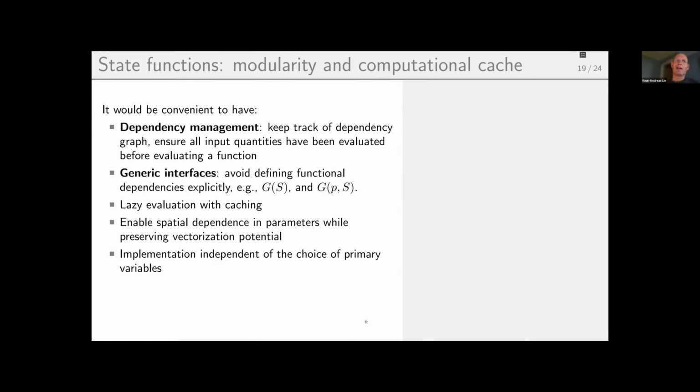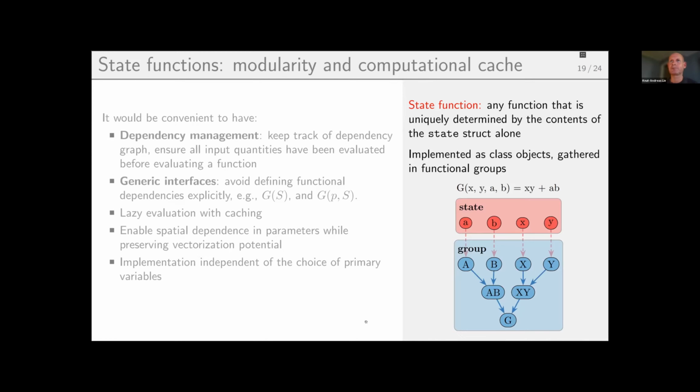Hopefully you would also like to have a lazy evaluation with caching so that quantities are not evaluated until you really need them. And you would like to have spatial dependencies in parameters while preserving vectorization potential, and you would like to implement independence of the choice of primary variables. So you would like to write your equations independent of which primary variables you use when you solve the system.